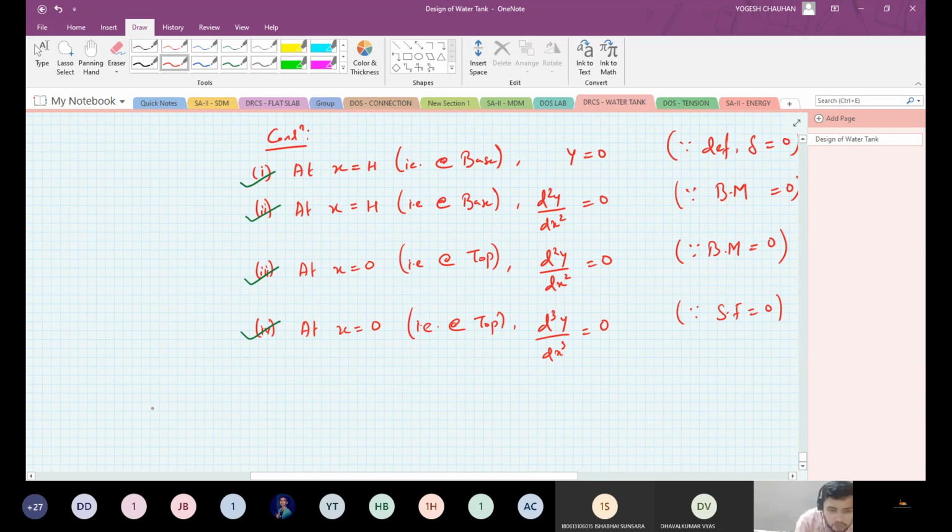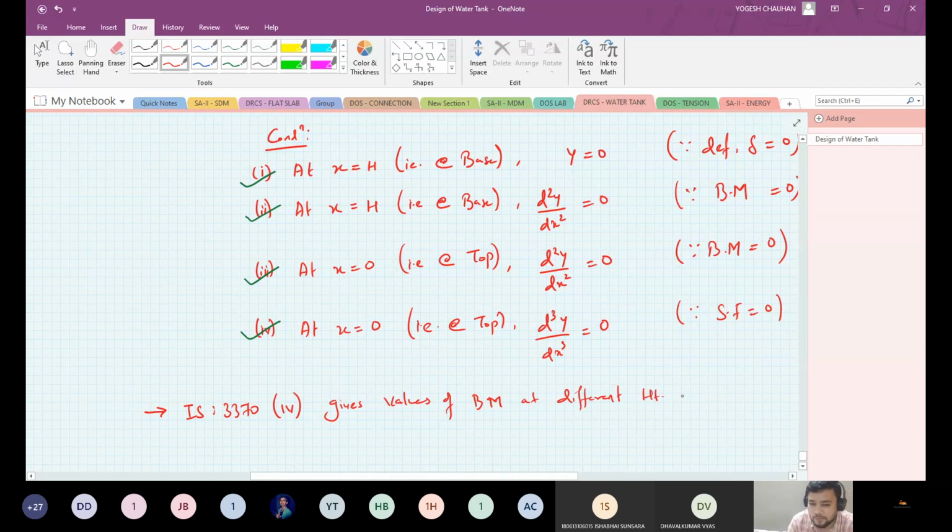Now, I guess IS 3370 part 4 gives values of bending moment at any height x, bending moment at different heights.